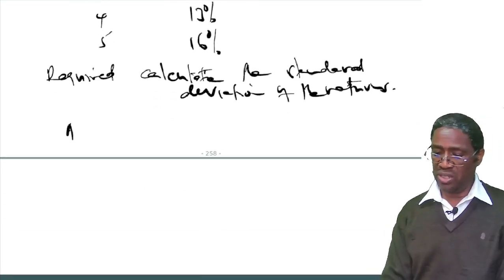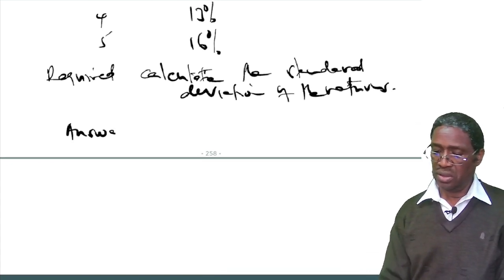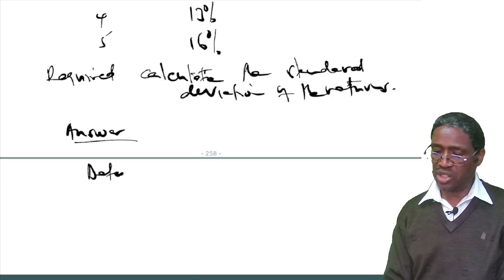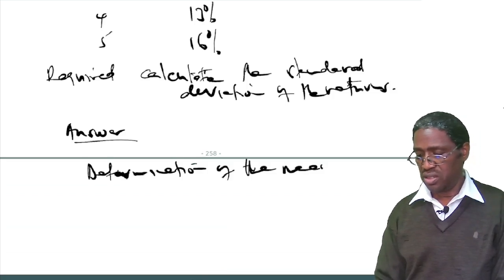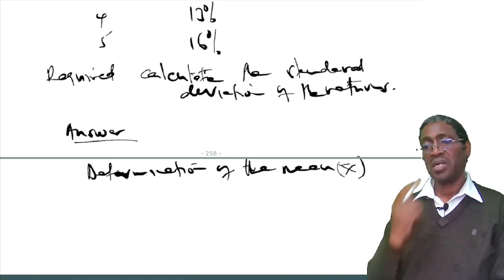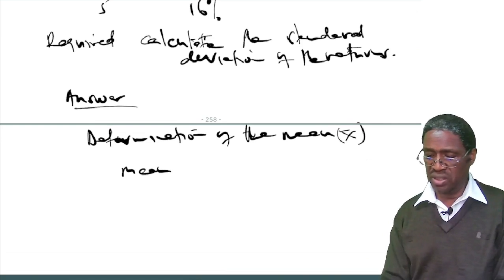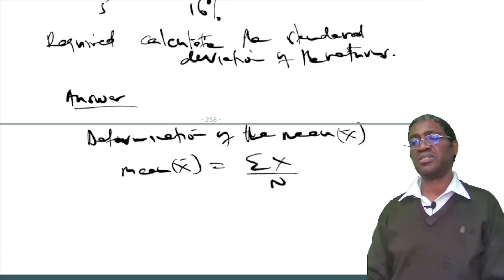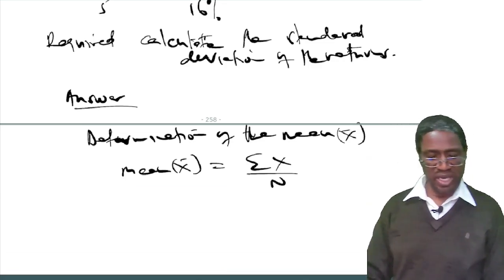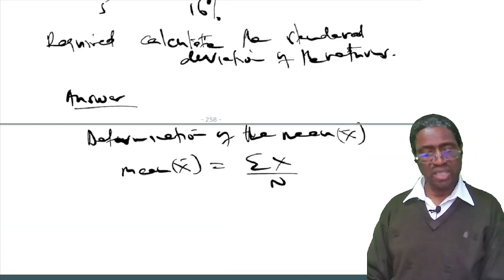Determination of the mean, x bar. We said the mean is given by the summation of x divided by n. So let's get the mean.